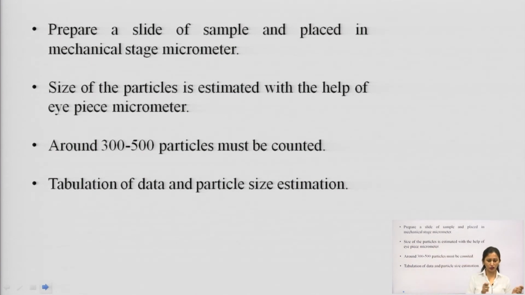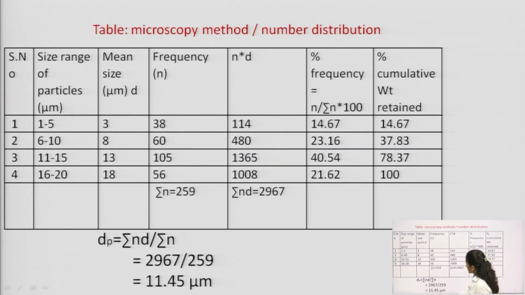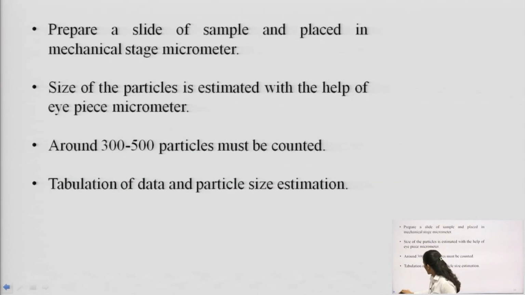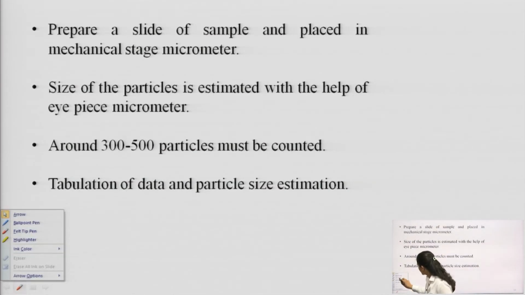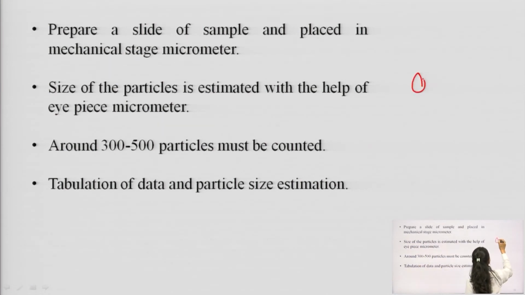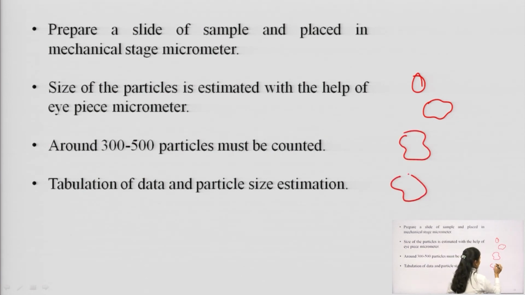How will you determine it? You just move the slide and measure how many divisions: 1, 2, 3, 4 divisions. Suppose this is the particle. We can't treat it as spherical, because all the particles are asymmetric in shape.